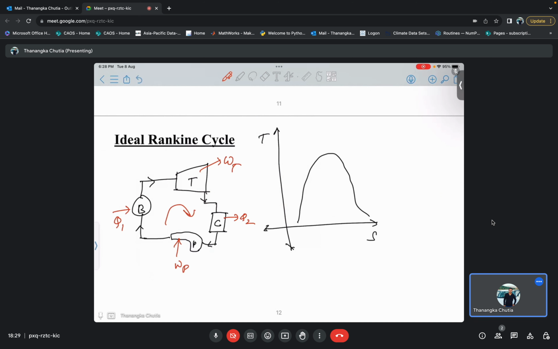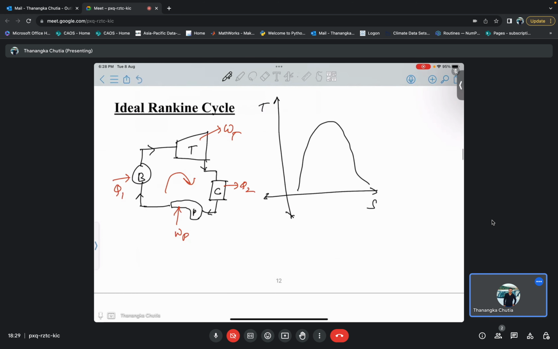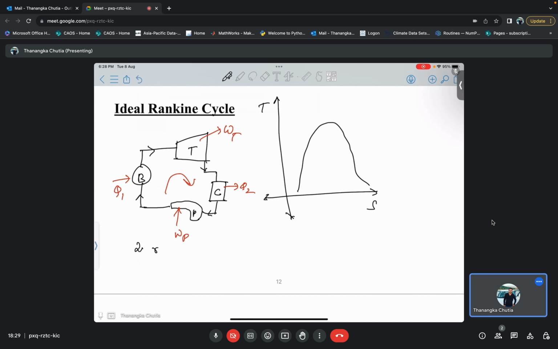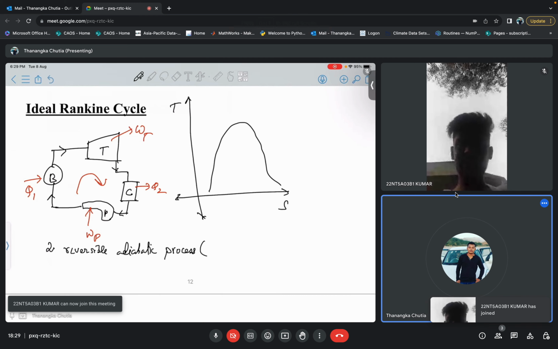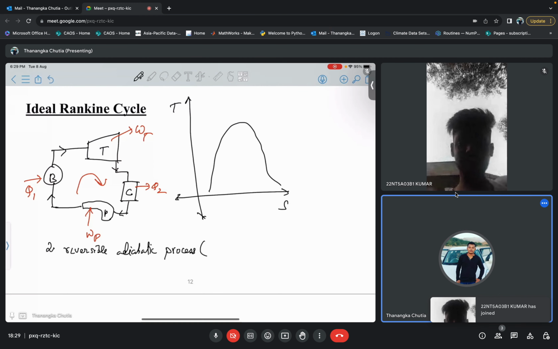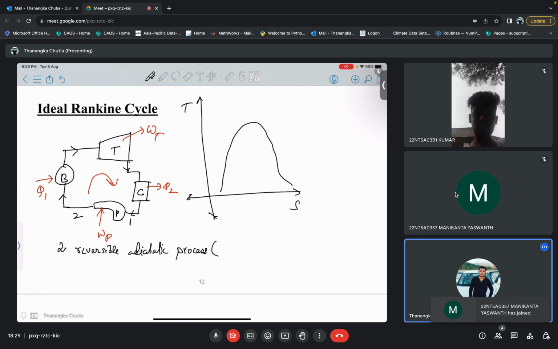What are the different processes here? The processes are two reversible adiabatic processes. If I name this, the pump inlet is 1, and this is 2, this is 3, and then this is 4.